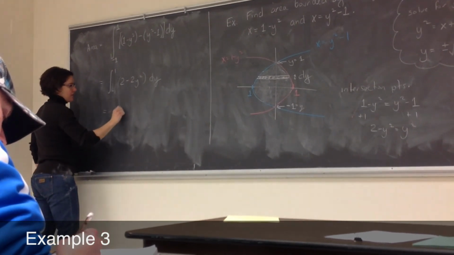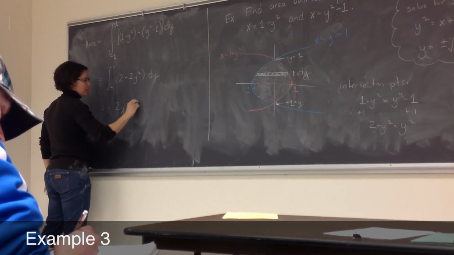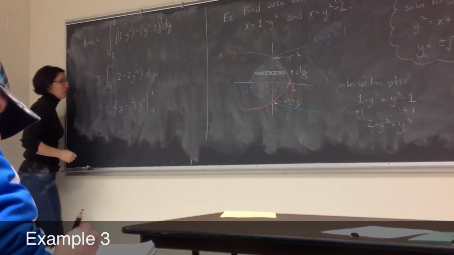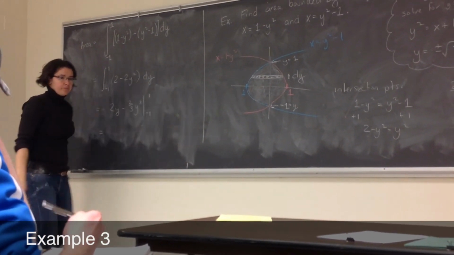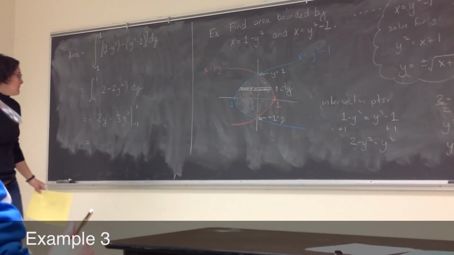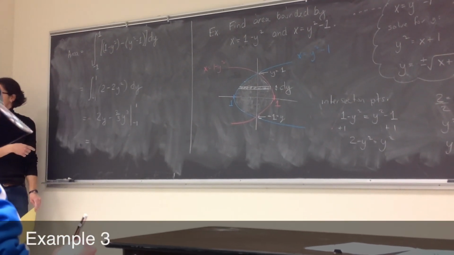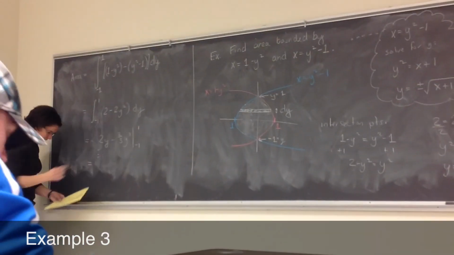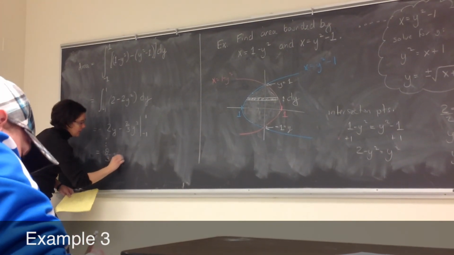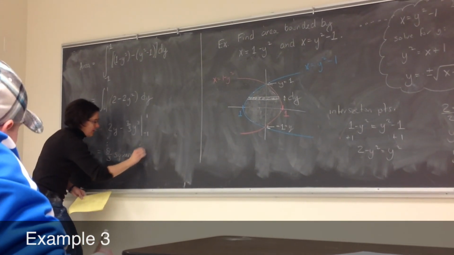So our antiderivative is 2y minus 2/3 y cubed, evaluated between -1 and 1. Then you plug in those boundaries, simplify, and you should check that you end up with 8/3 as a final value.